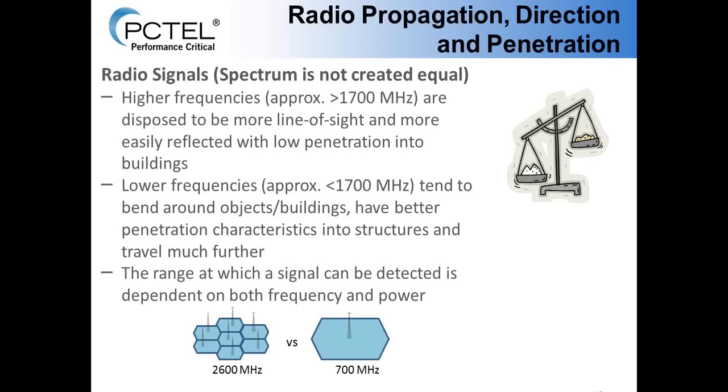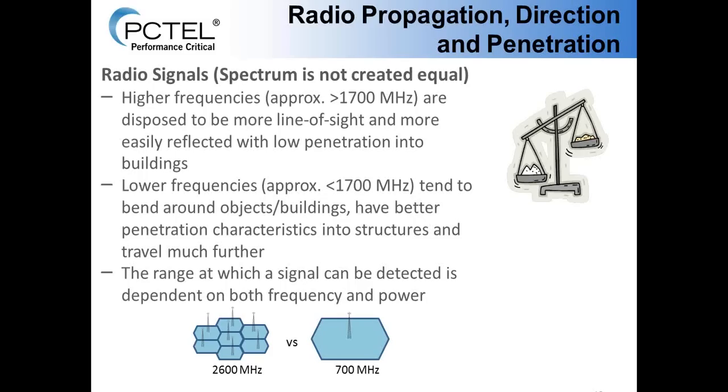So hence I mentioned earlier in the webinar that you do a lot of interference hunting at lower frequencies. It's because of the distance that these lower frequencies can travel versus a 2600 megahertz signal, which will travel a lot less far than a 700 megahertz signal can.